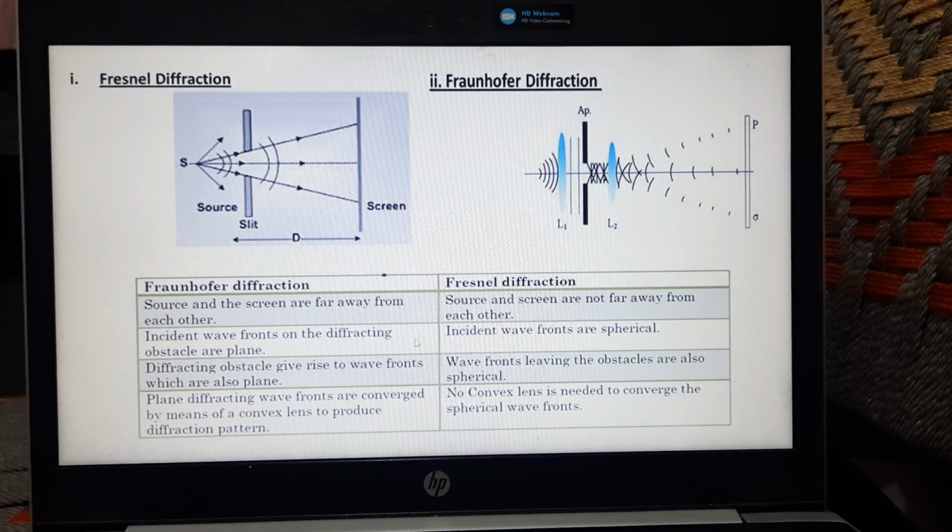Here is the table which will indicate clearly the differences between Fraunhofer and Fresnel diffractions. You can go through this table in order to differentiate between them.